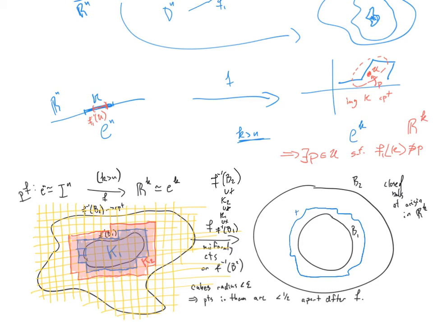So this is what F of K1 is going to look like. And then F of K2 will look something like this. And we again have this sort of nested expansion going out to the right. I've maybe distorted these a lot, but F could do that, so we have to deal with it.